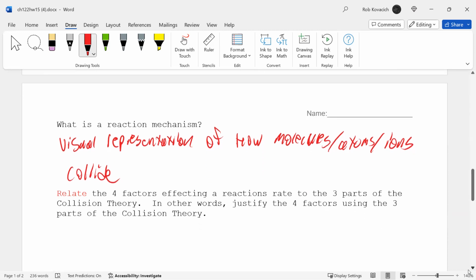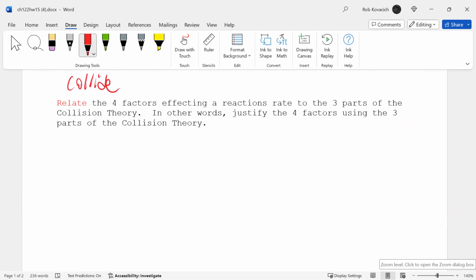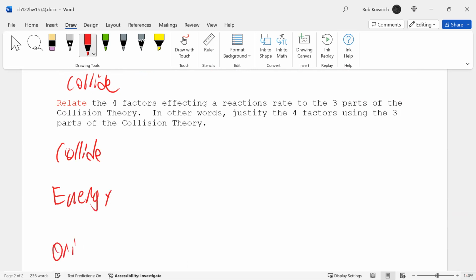All right, so relate the 4 factors affecting to the 3 parts of the collision theory. Okay, so collision theory, they collide. They have a certain amount of energy and orientation. There's a certain orientation associated with this.